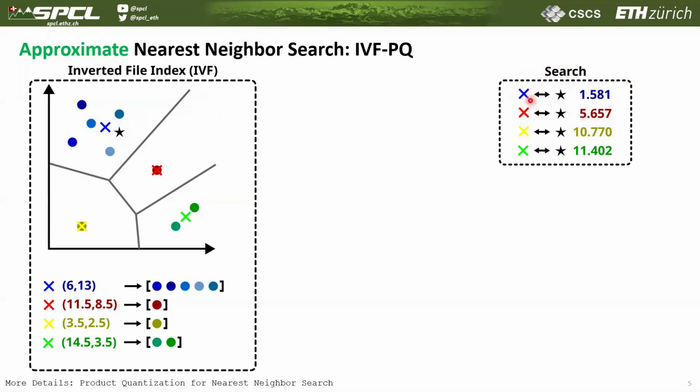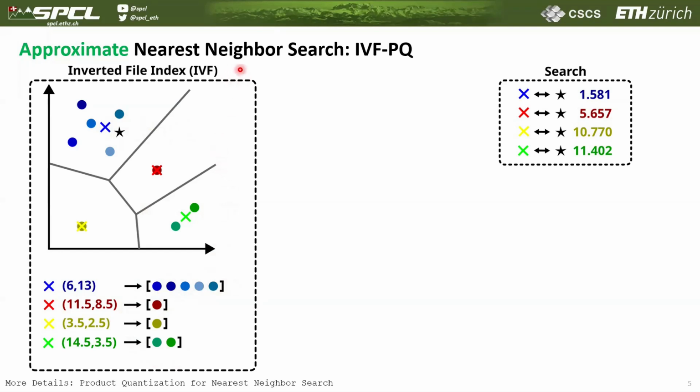So for example, here we have 4 of these clusters. We could only analyze the closest cluster, for example. And like this, we would only need to compute the exact distance between our query point and all of these blue data points. And we could leave out the red, yellow, and green data points, and like this, again, be more efficient than an exhaustive search.